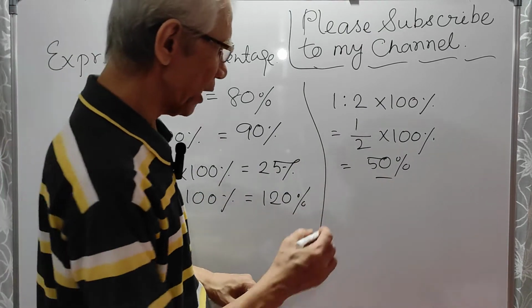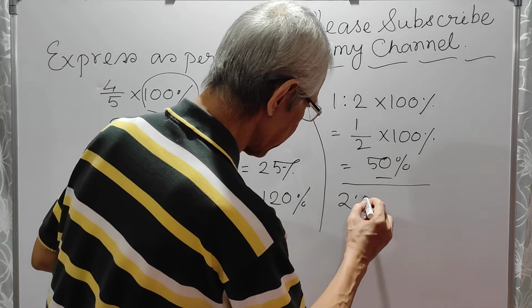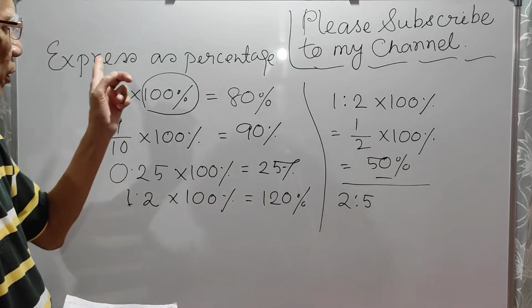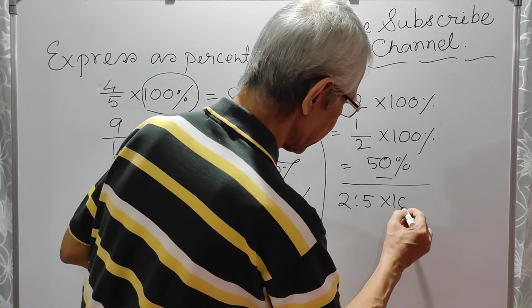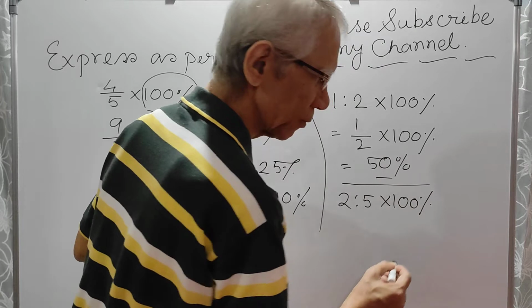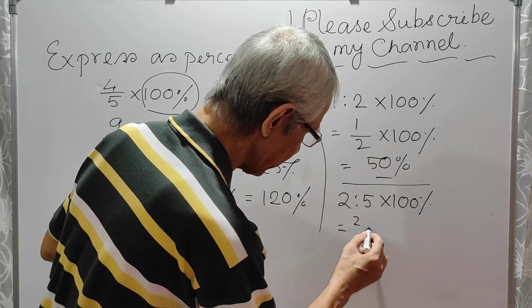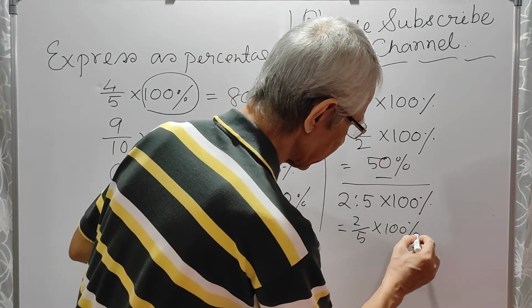Then suppose another example, 2:5. So this is a ratio you want to convert to percentage. So multiply by 100%. So what do you get? Now 2:5 means 2 by 5. So 2 by 5 into 100%.